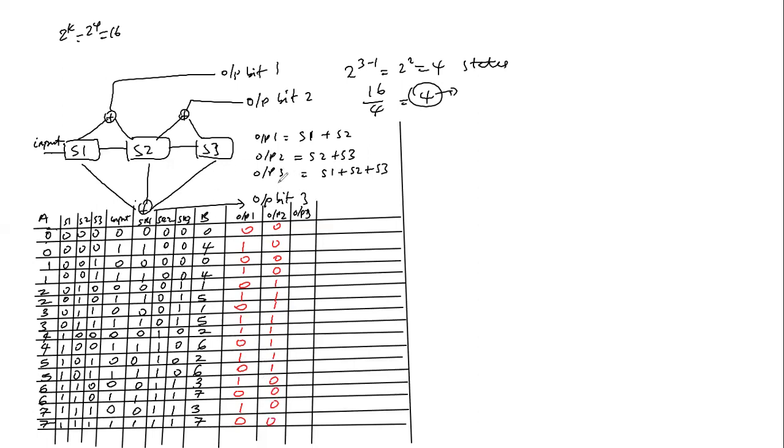Then output 3 is S1 plus S2 plus S3. Working through the bits, 0 plus 1 is 1, and so on until we have developed this.